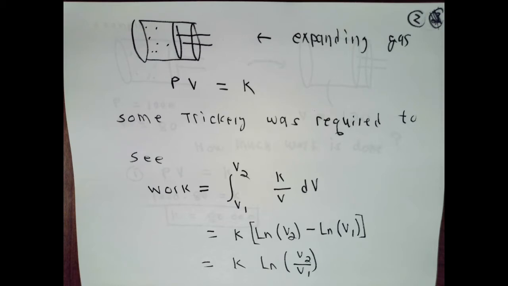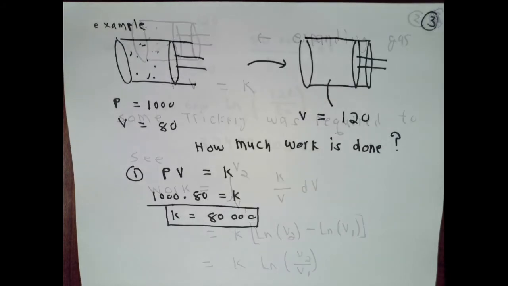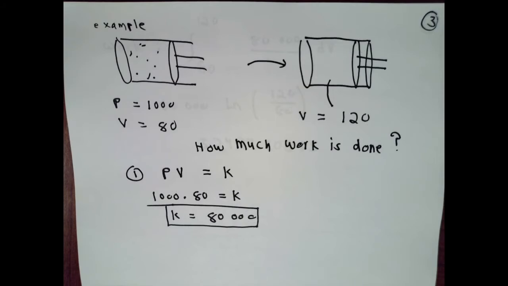In an example, you might have initially the pressure being 1,000 and the volume being 80. The volume is allowed to expand until it's 120, and we want to calculate how much work is done.